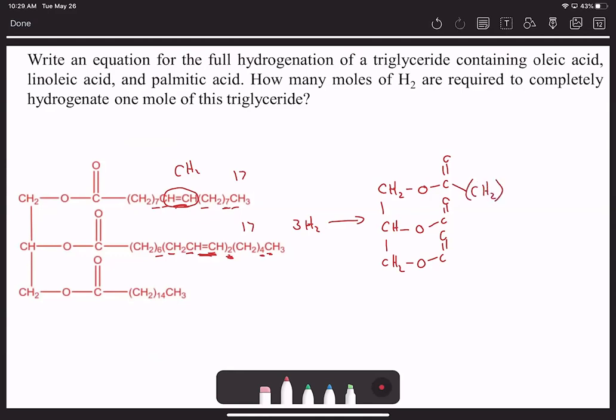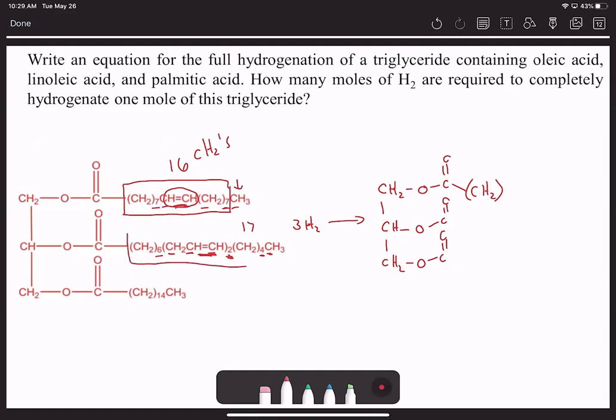I'm doing this in my head, but from here, this is 16 carbons, 16 CH2s, and then I have just this one CH3.